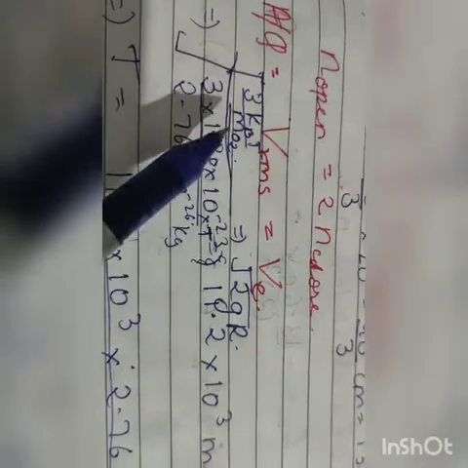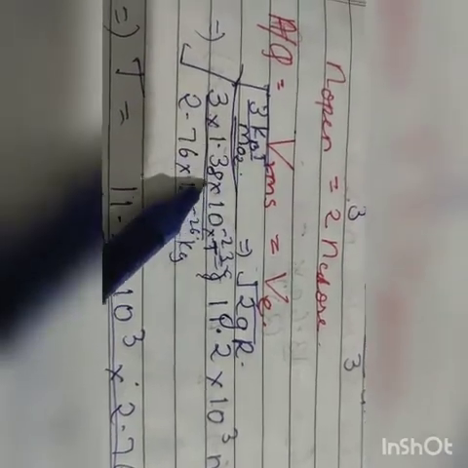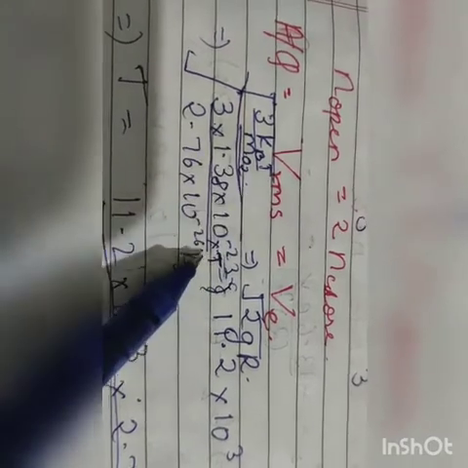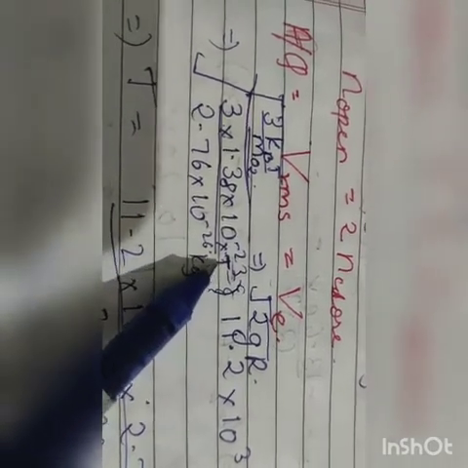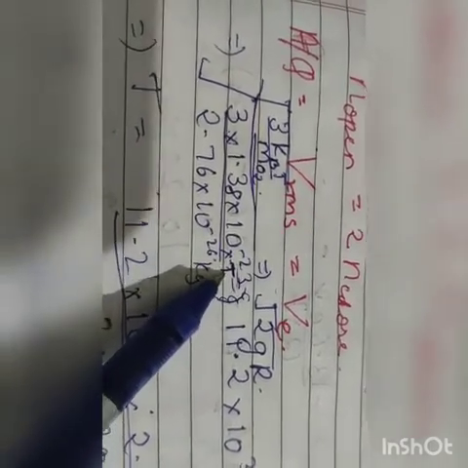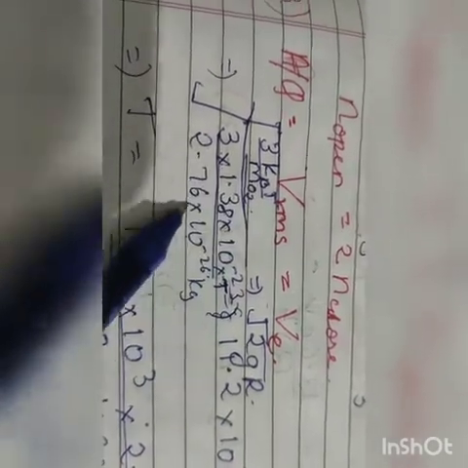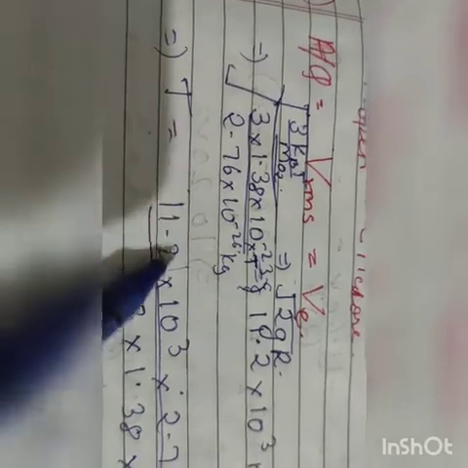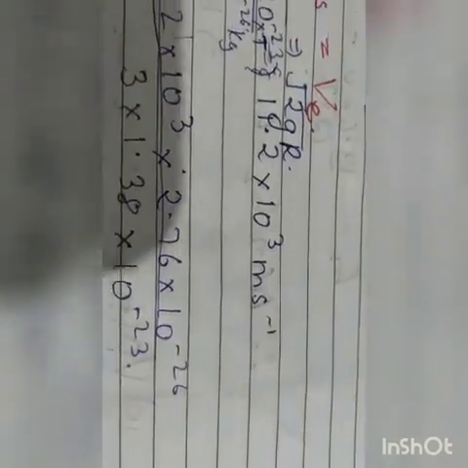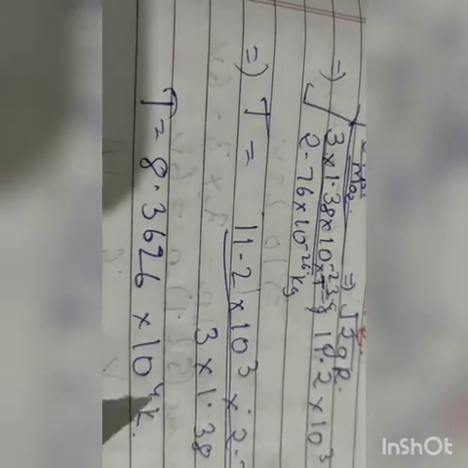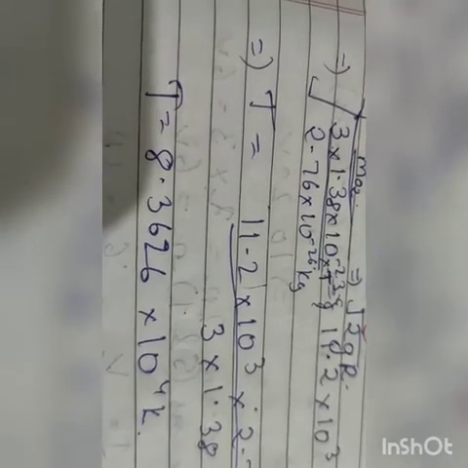And the value of kB is given in the question, 1.38 into 10 to the power minus 23. We just have to find the temperature T, and the mass of oxygen is given in the question. So T, after solving this, comes out to be 8.3626 into 10 to the power 4 Kelvin.